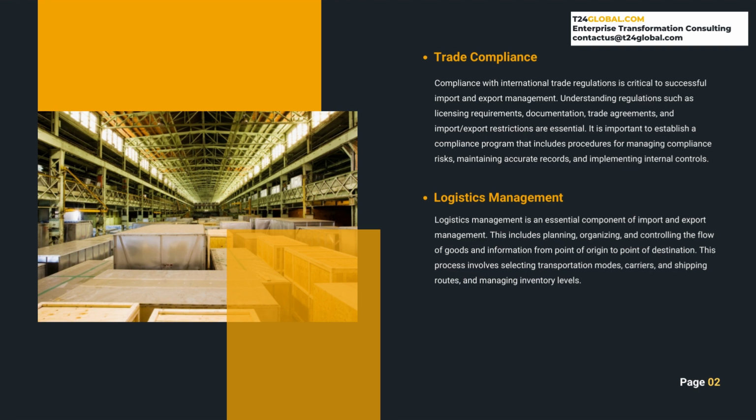This involves establishing a compliance program that includes procedures for managing compliance risks, maintaining accurate records, and implementing internal controls. Key persona involved in this component include compliance officers and legal teams. To achieve trade compliance, businesses may need to customize their IT software to manage regulatory requirements and automate compliance monitoring.